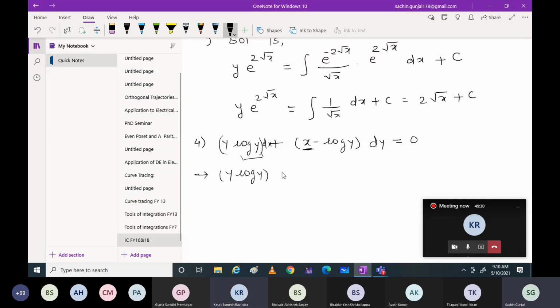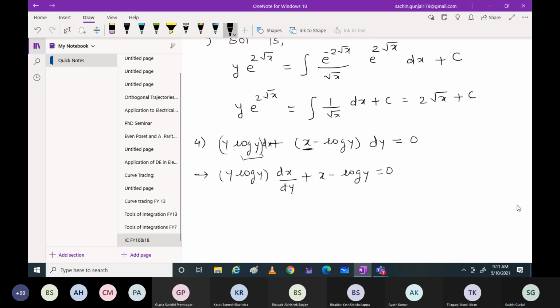y log y dx upon dy plus x minus log y equal to 0. Okay, so this you can rewrite as dx upon dy plus 1 upon y log y into x.